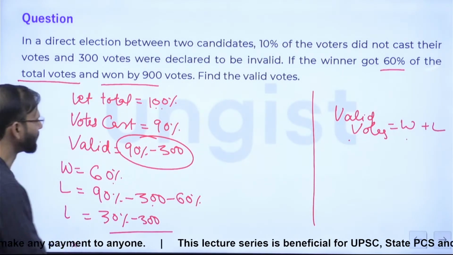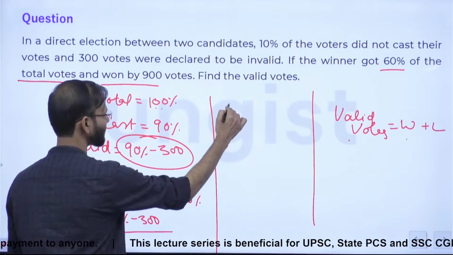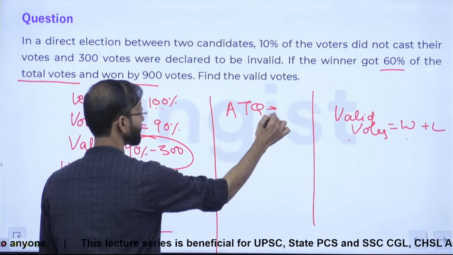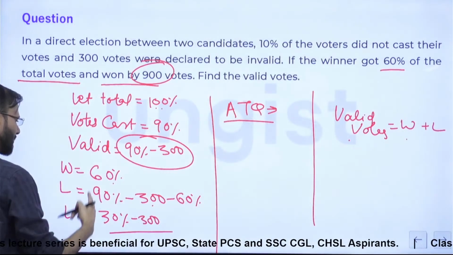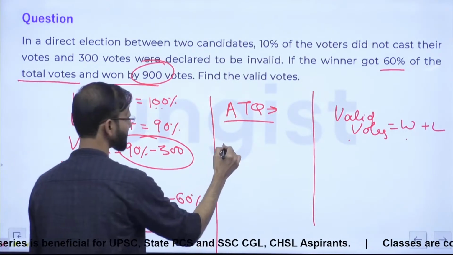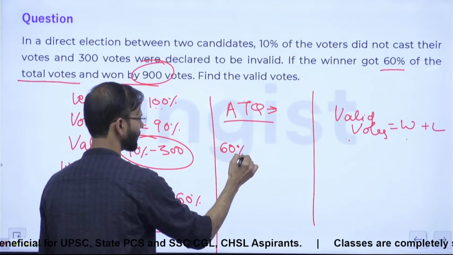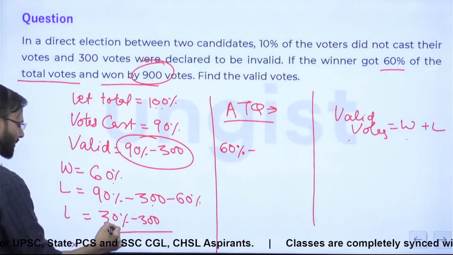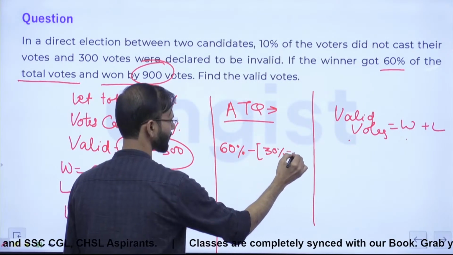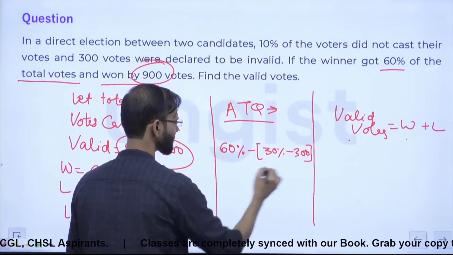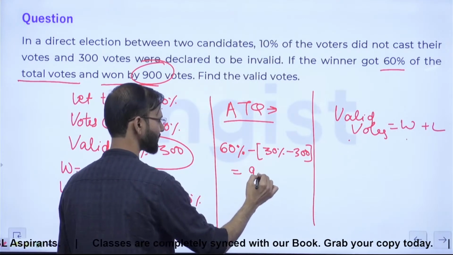Fine. Now, according to the question, difference between winner and loser is 900 votes. So, winner's votes are 60%, loser's votes are 30% minus 300. This is given as 900, everyone.